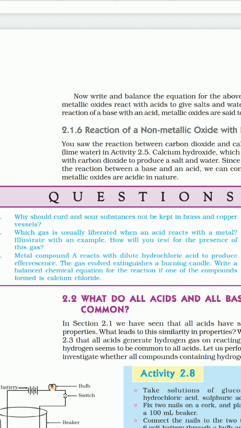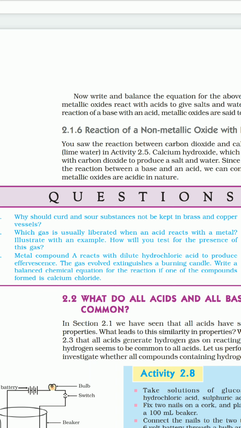The reaction is CaCO3 plus HCl gives CaCl2, CO2 and H2O. In this reaction, CaCO3 is solid, HCl is aqueous, CaCl2 is aqueous, CO2 is gas and H2O is liquid.